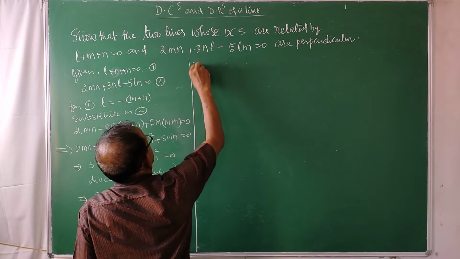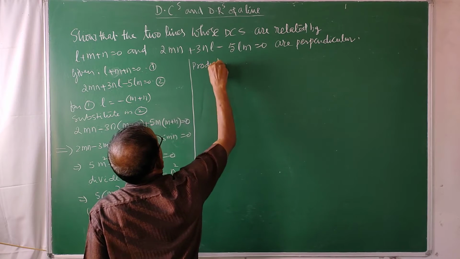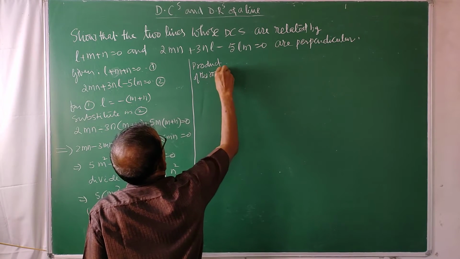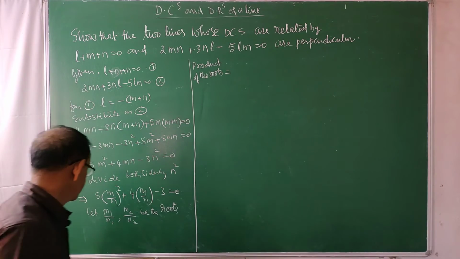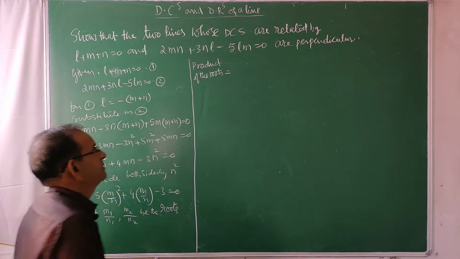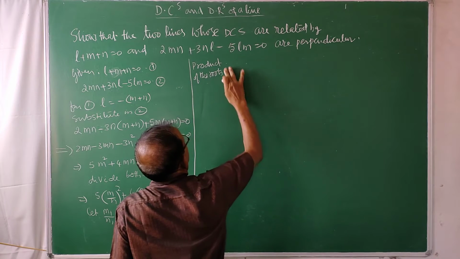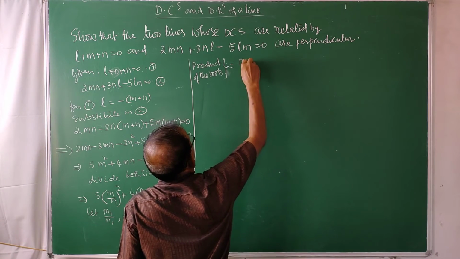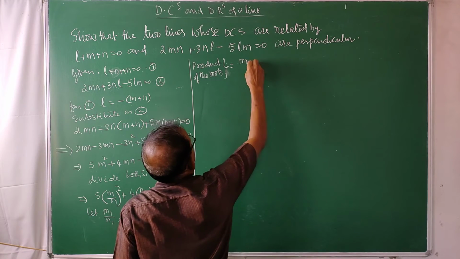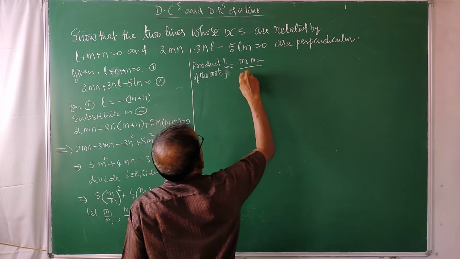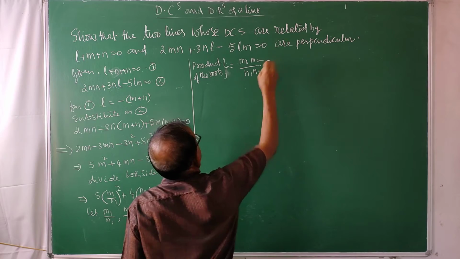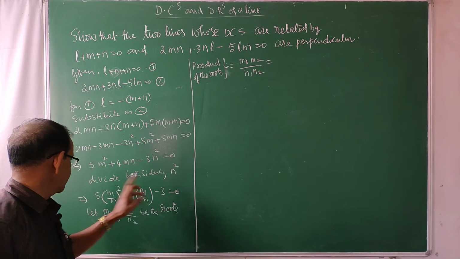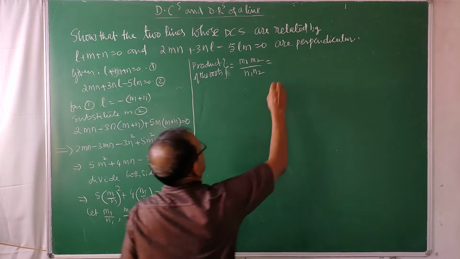Product of the roots is equal to m1/n1 into m2/n2, that is m1 m2 by n1 n2, which is equal to the product of the roots formula c by a. C is minus 3 and a is 5, so minus 3 by 5.